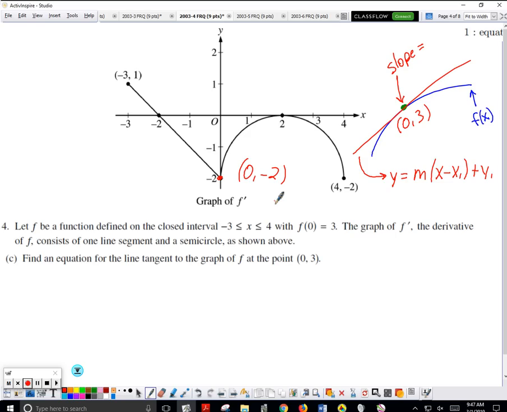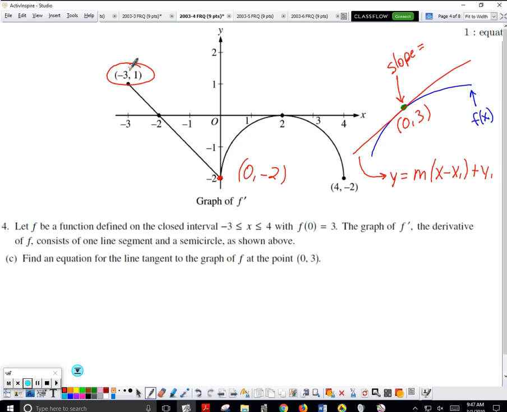So I'm going to give you a series of pebbles here for you just to talk with me. We have the graph F. I don't really know what it looks like. But that means there's an F prime. Here's the graph of F prime. So right here on F prime, we have a point at -3, 1.